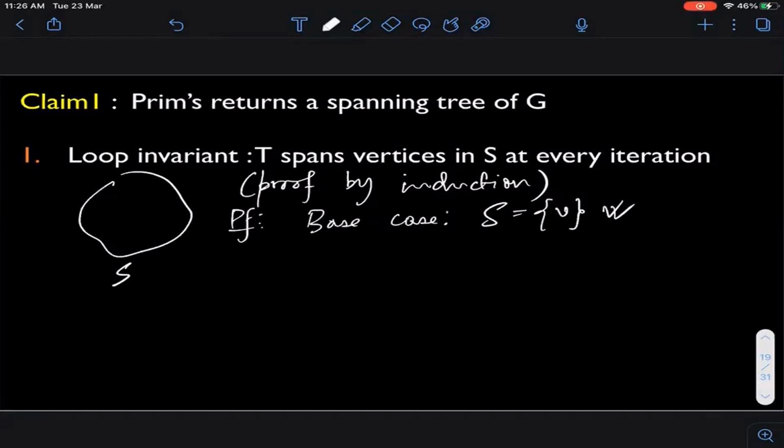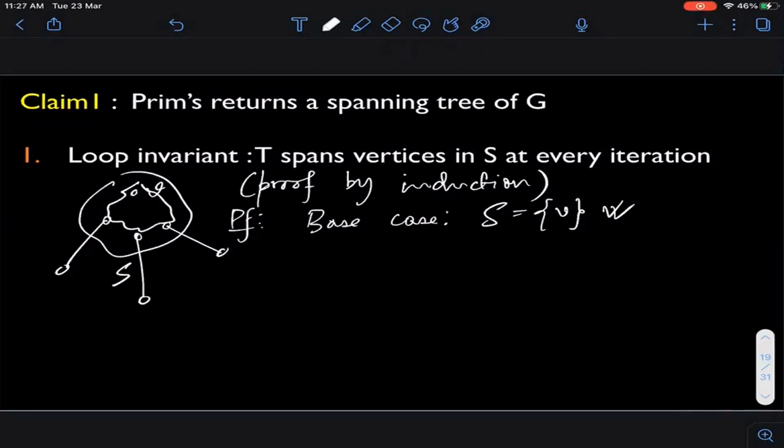Well, the k plus 1th iteration means what are you exactly doing? You are looking at the edges that are crossing this barrier, right? And remember, by the induction hypothesis, you have assumed that everything here is mutually connected. So the new vertex that you are adding, you will add one of these. So that vertex is also connected to the rest. So if this is true till the kth iteration, then it has to be true for the k plus 1th iteration.